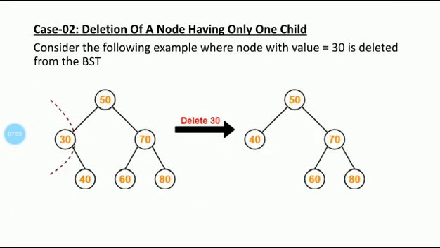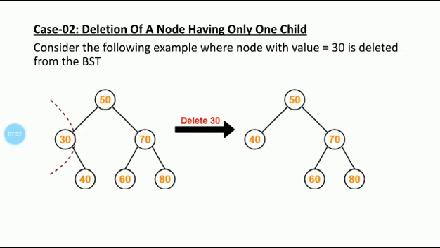And the second case, that means the node has only one child. Before explaining this particular case, let me tell about the remaining terminologies. With respect to the 40, 30 is a parent, and with respect to 30, 50 is a parent.